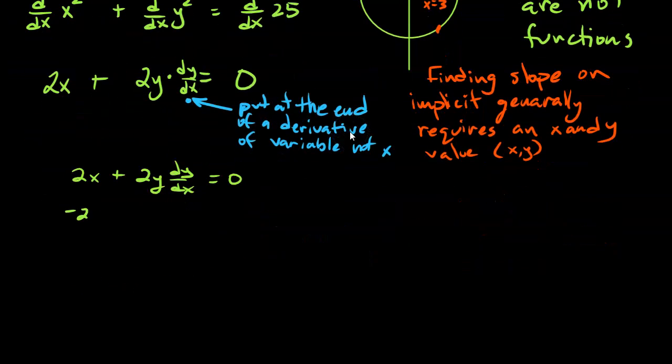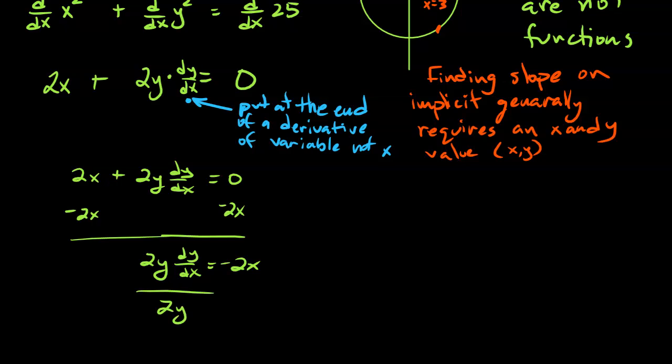I'm going to subtract 2x, and then I'm going to divide by this 2y because it's currently being multiplied. And then this would solve for dy dx.